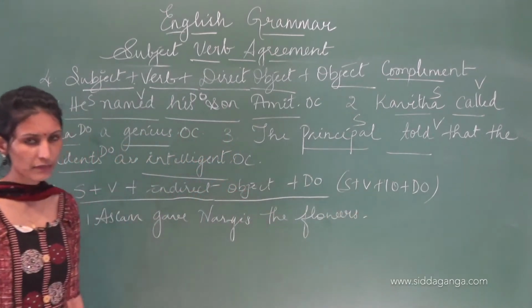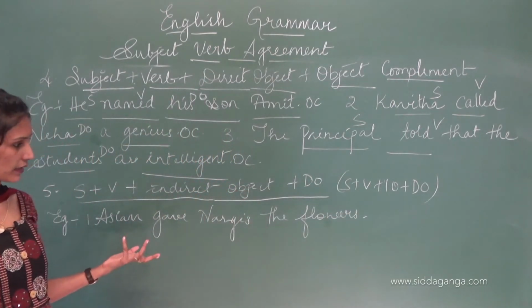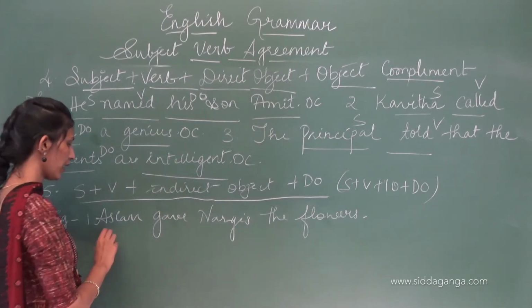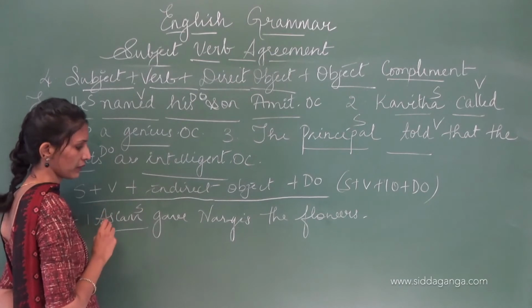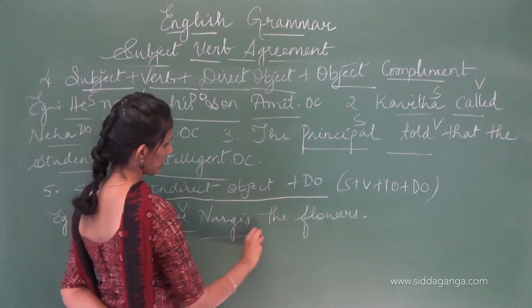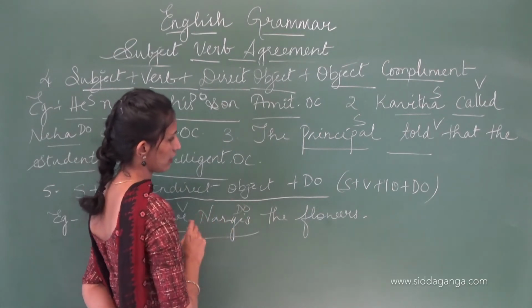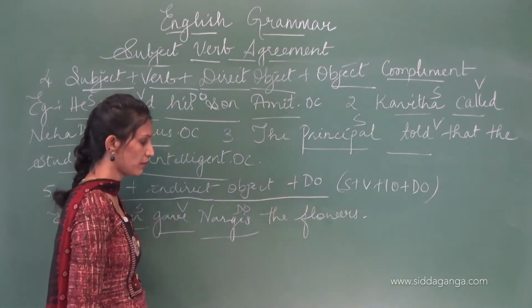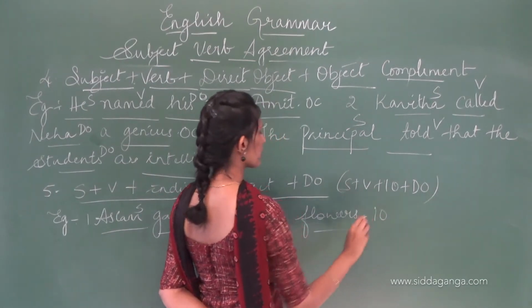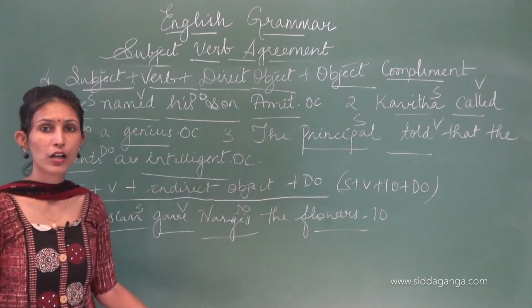Okay, Aslam gave Nargis the flowers. Aslam is the subject, gave is the verb, Nargis is the direct object. Interchange it, no problem. The flowers is the indirect object.